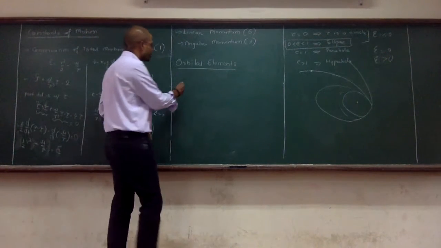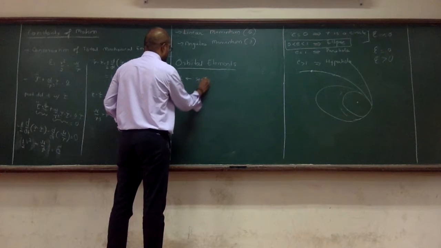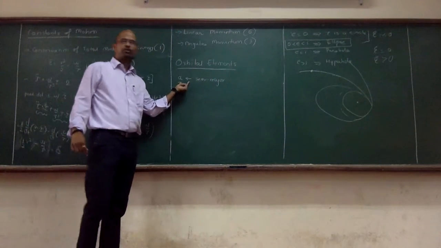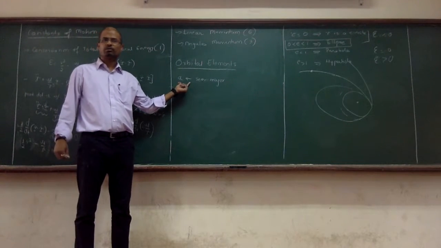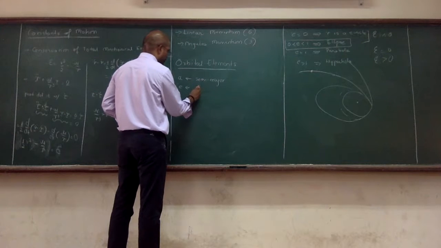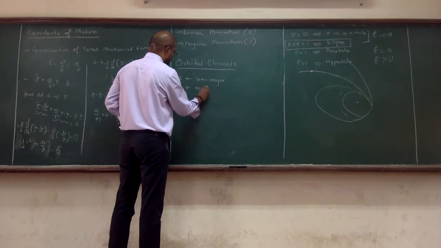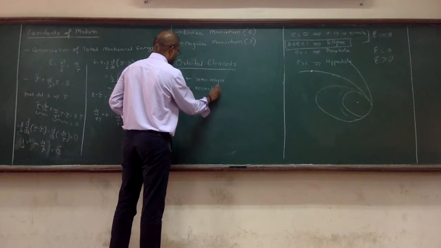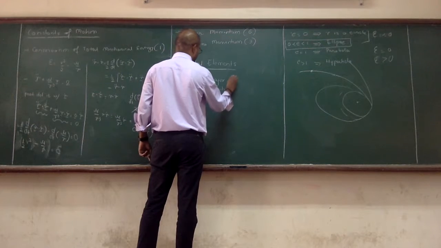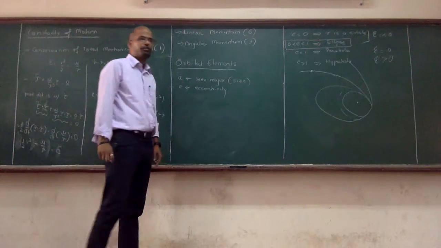Those 6 orbital elements are: A, the semi-major axis. You can relate this to an ellipse, a conic section, right? E is eccentricity. Semi-major axis defines the size of an orbit.